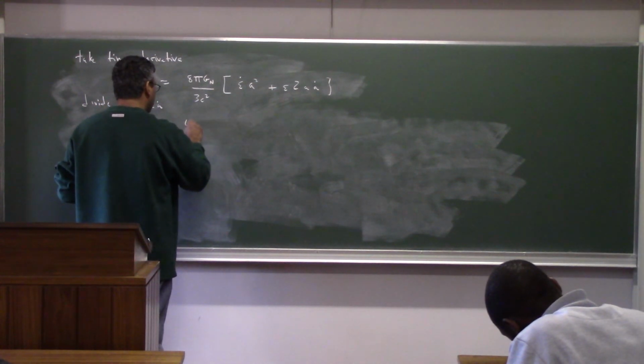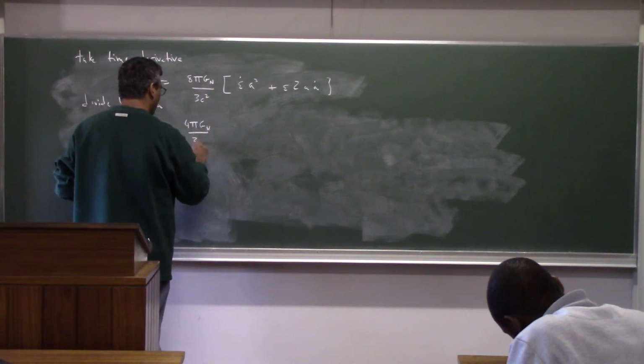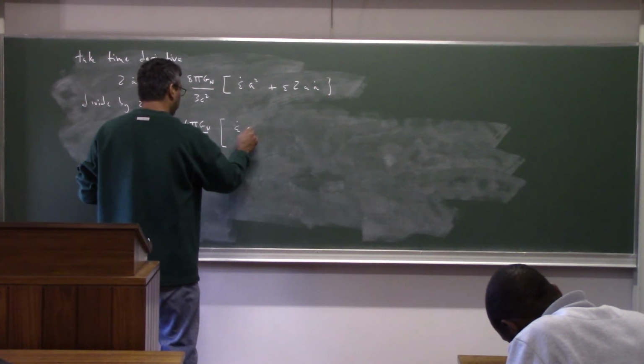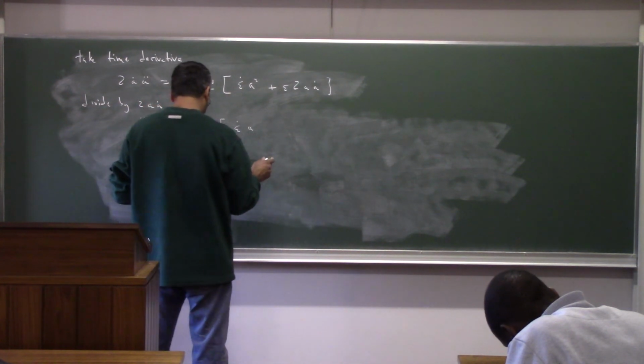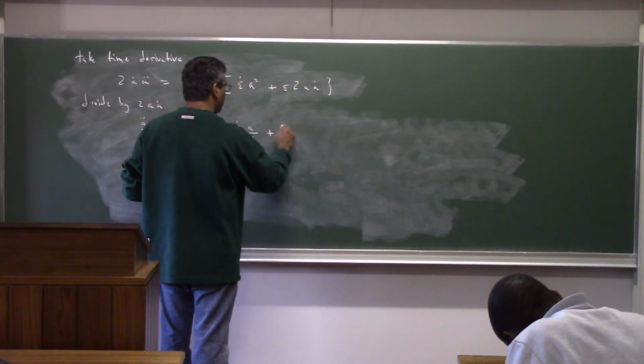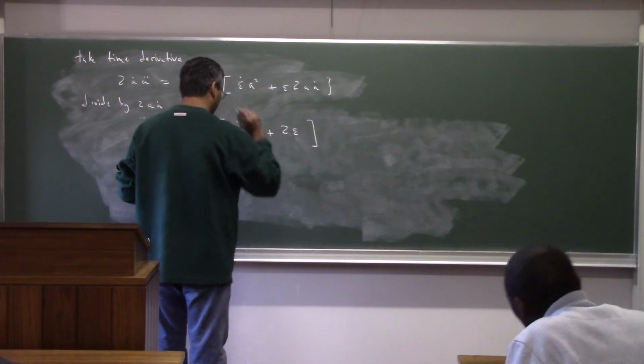4 pi G Newton over 3c squared times epsilon dot a over a dot plus 2 epsilon.